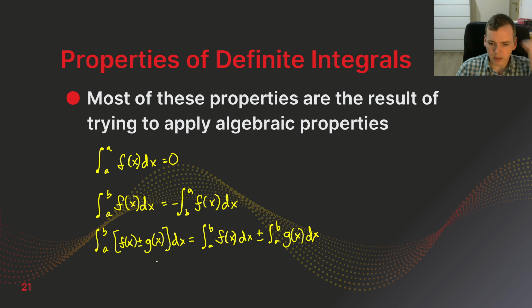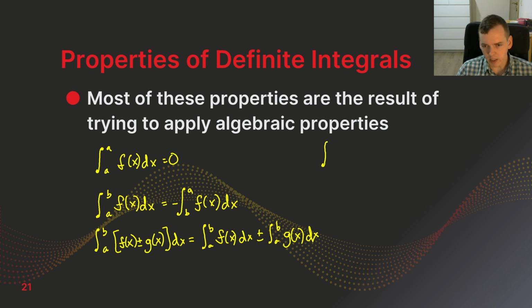In other words, for addition and subtraction, I can either add or subtract the functions before I take the integral, or I can split them up into multiple integrals and integrate them each independently. Exactly the same as with derivatives, just with integrals.